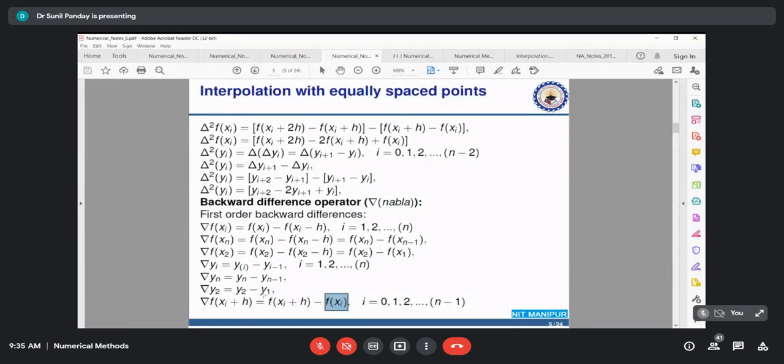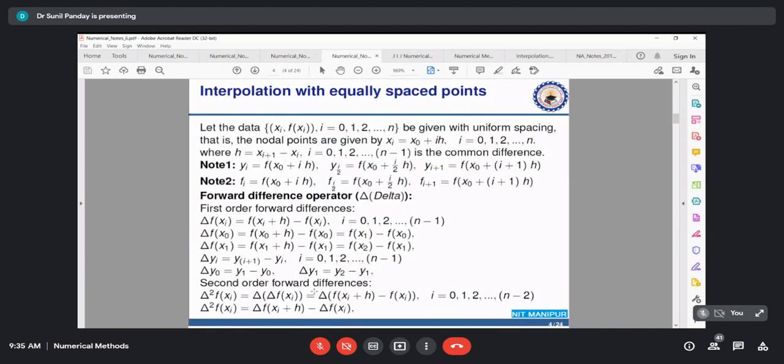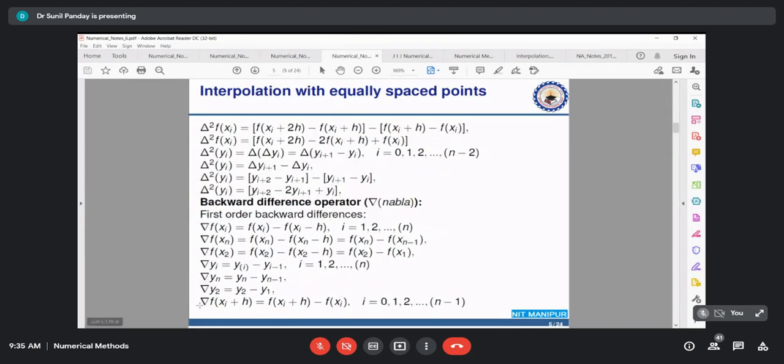But here you can notice one thing: f of xi plus h minus f of xi is exactly the forward difference of f of xi. So we can see that nabla of f of xi plus 1 is equal to delta of f of xi.